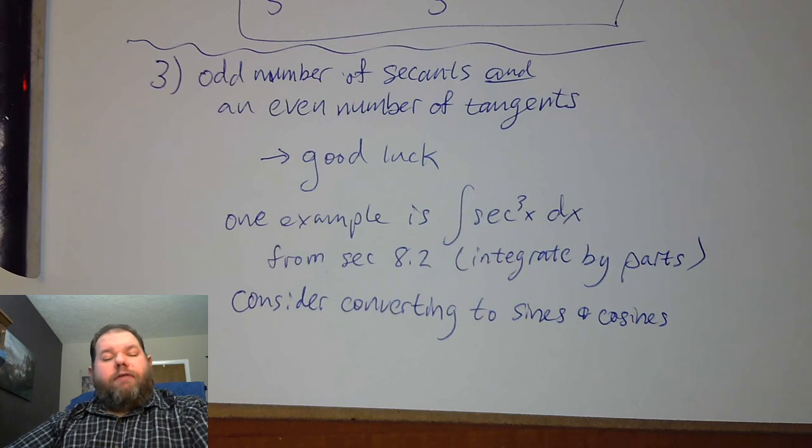My first thought for tangent to the fourth is to split it up into tangent squared times tangent squared, change one tangent squared to secant squared minus 1, distribute the first tangent squared to those, split them up as 2 separate integrals, and tackle them from there. It's not a perfect solution, but I think it would let us get there.